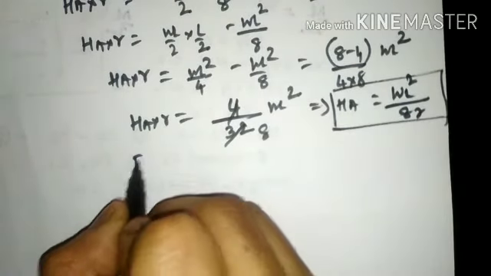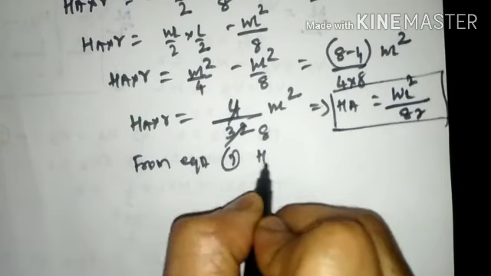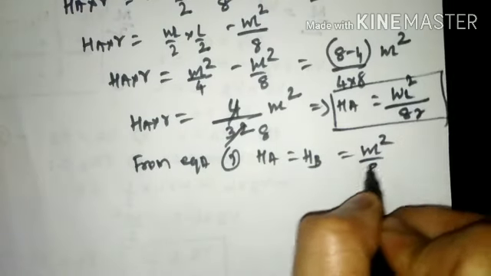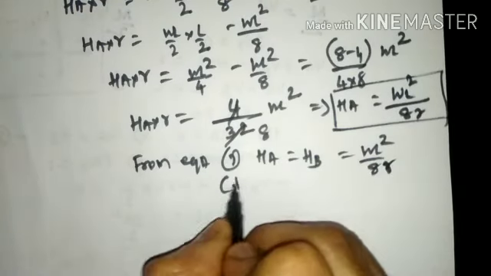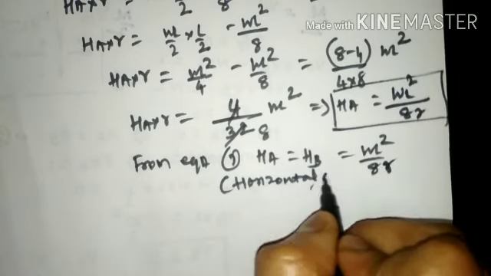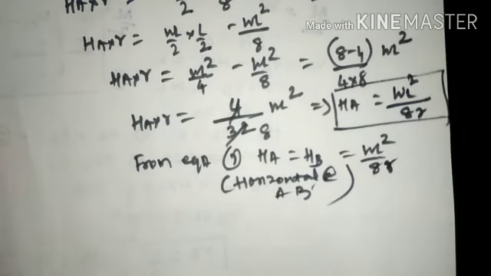So from equation 2, HA is equal to HB, which is equal to WL square by 8R. This itself is the horizontal reaction at A and B. So this is the derivation that has been calculated.